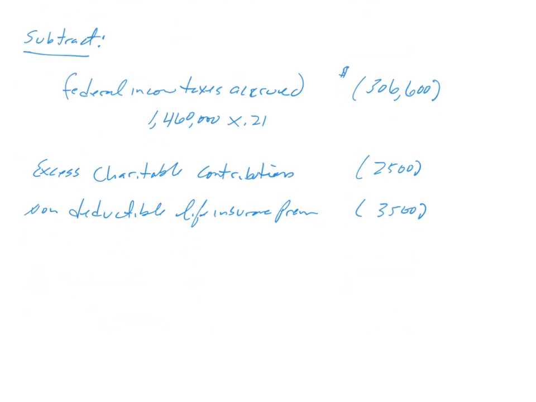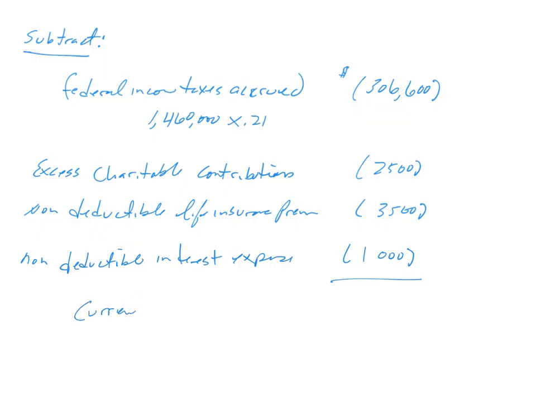And then we had non-deductible interest expense. That was $1,000. Okay. And so total all of that up. And hopefully we get current earnings and profits of $1,516,400. There we go.